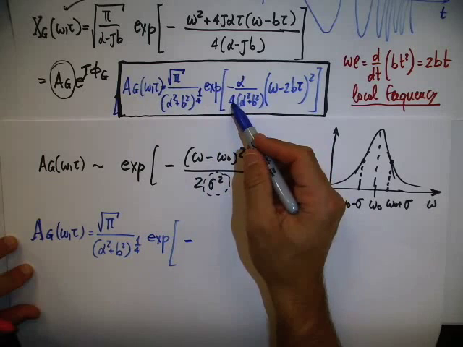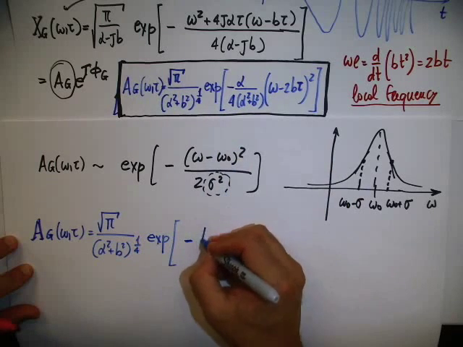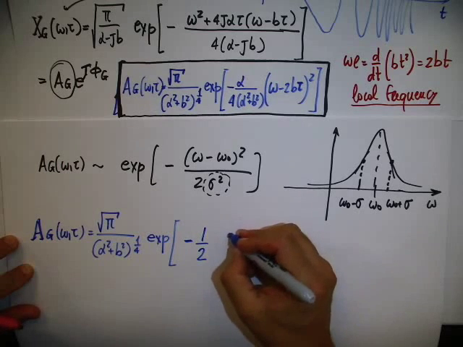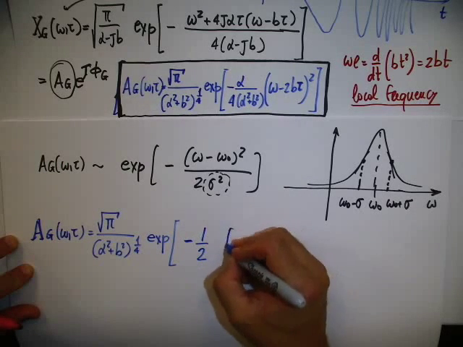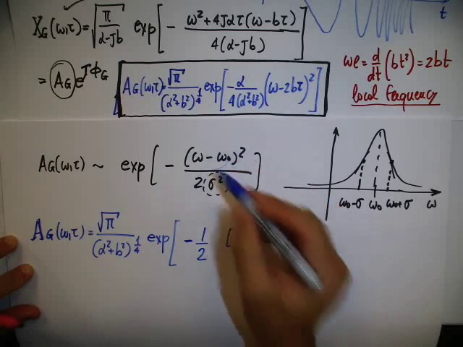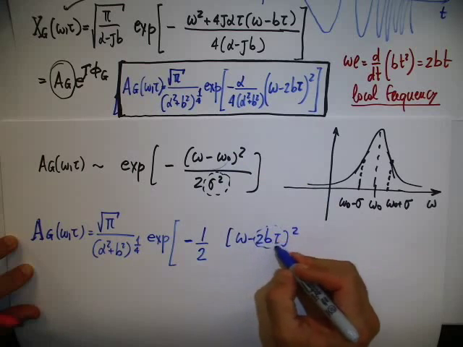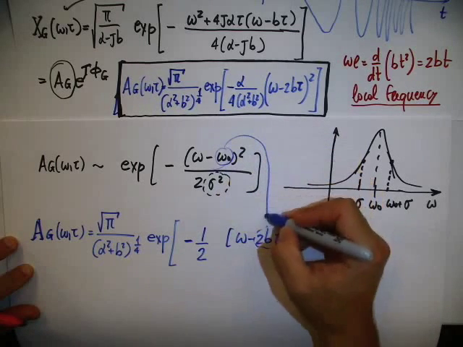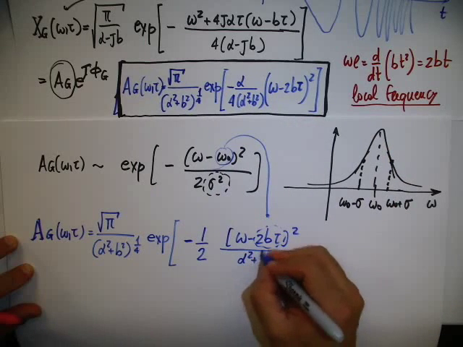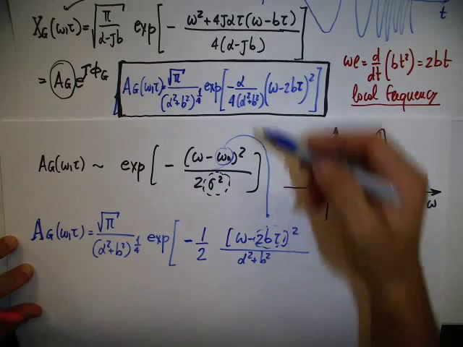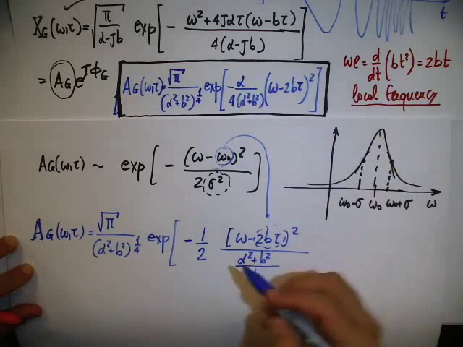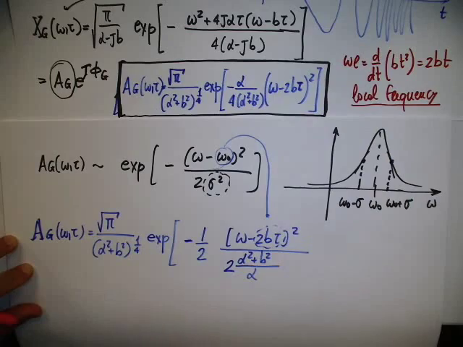So here now I have the 4, so I'm going to borrow a 2 from it, and then on the numerator I'm going to define omega minus 2 beta tau, which I already have, which is this. And the denominator, I'm going to write it as alpha squared plus b squared. And then I'm going to bring the alpha down here. And I have a 2 left over from here.